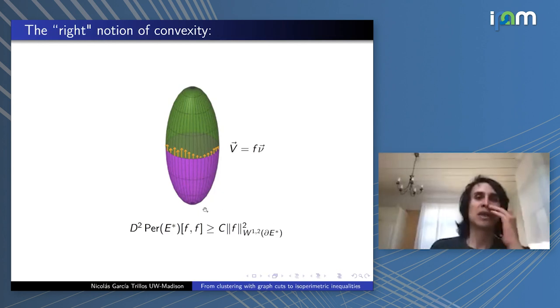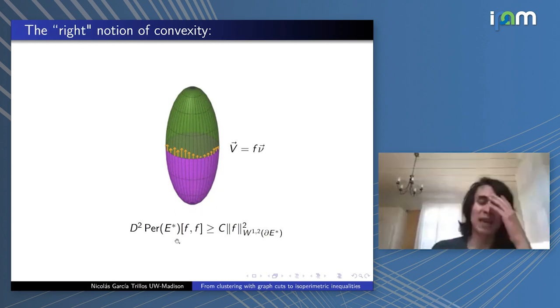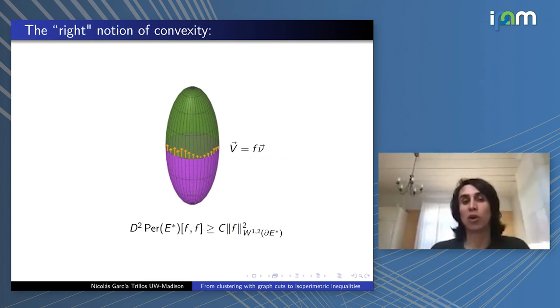It basically says that if you look at the second variation of the deformations of the solution, you have a strong convexity around that minimizer, which is characterized in this way. So this is the characterization of a strict minimizer.